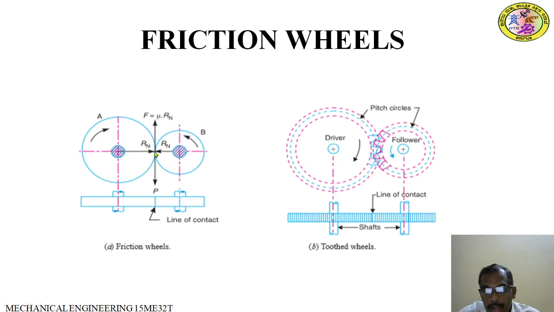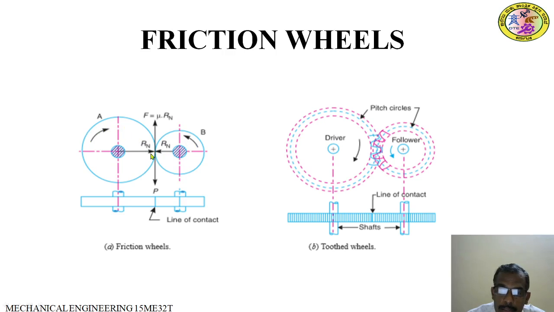It will have an axial force here. Disc A is mounted on shaft A, whereas this disc is mounted on shaft B. As I told, when A is rotating, A is the driver and B is the driven. Say A is connected to a motor and B is connected to some machine.